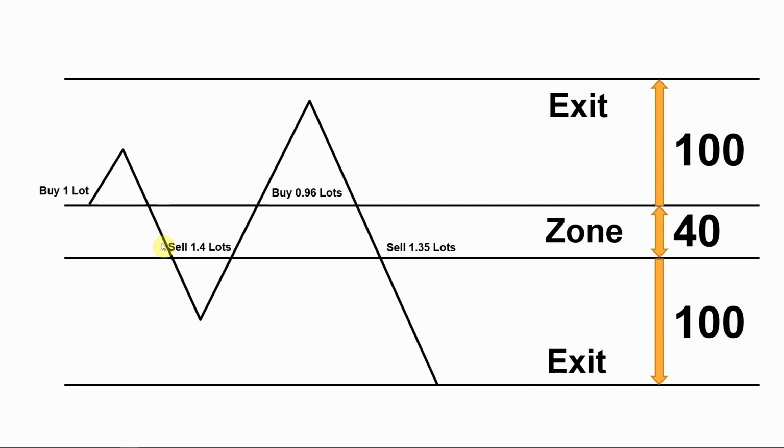If it doesn't and I cross the zone, then after that I'll be taking these trades simply to avoid making a loss, and whether I close at the top or bottom exit points, I will be achieving approximately a zero loss, zero profit. There may be a few pips involved in there because of some rounding, but it will be close to a zero profit or loss if the first leg doesn't actually achieve its profit.